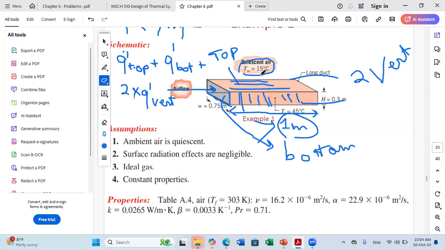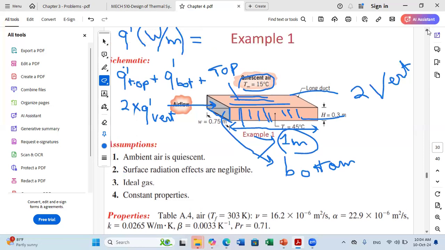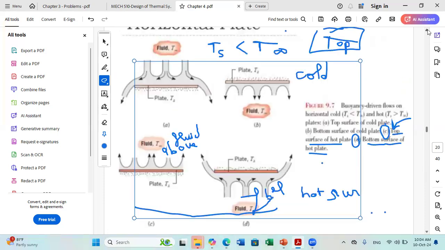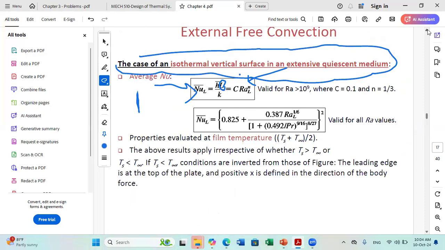We should take a representative temperature, if you want. And if you go back to your relations, they will tell you which temperature to use. For example, here, they tell you for this empirical relation, all properties are evaluated at film temperature.